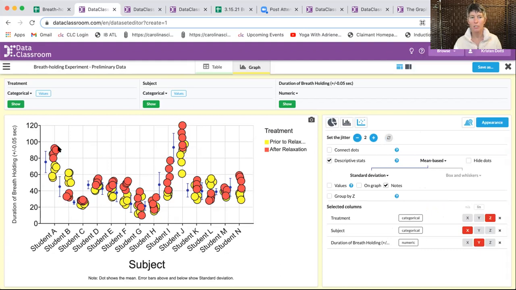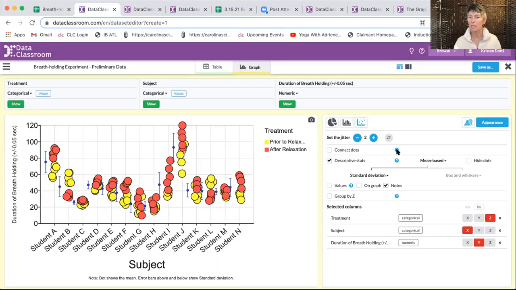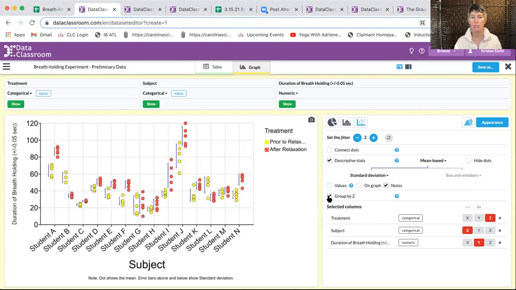And I really do want to see those standard deviations be separate, because as you remember, the standard deviation for one group was 6.7 of this mean, but it was 4.7 for this person's mean. So we know they're different standard deviations, but I need to tell it to separate those out. And so if you remember, the treatment group is in Z for me, and therefore I'm going to group my descriptive statistics by Z. And what you see happen is that each one of these students now has the standard deviation of their 5 trials for after relaxation separated from prior to relaxation.